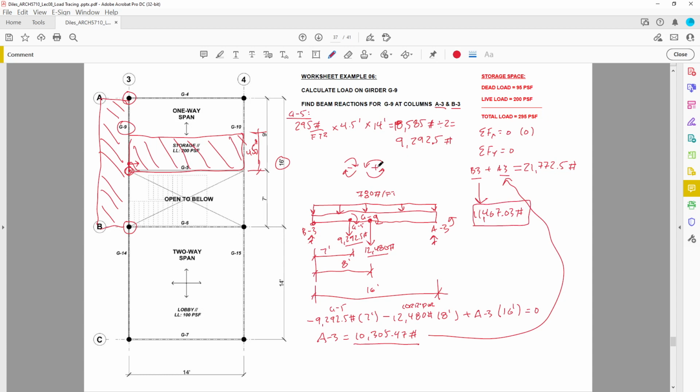Okay, so that means that we've got 11,467.03 pounds coming in that have to be supported by the column B3. And at A3, this girder is delivering slightly less force, 10,305.47 pounds here, which the column at A3 has to resist.